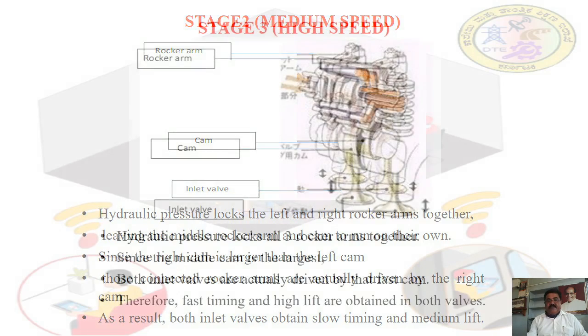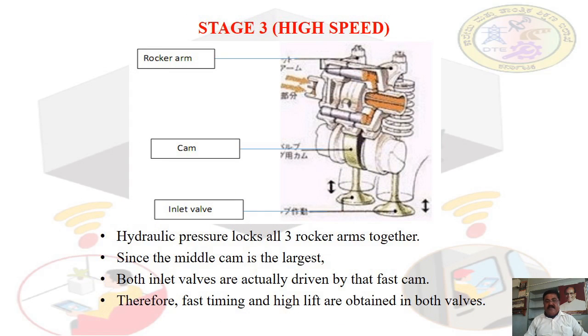We will go to the next slide, stage 3 at higher speed. As shown in the figure, it consists of the rocker arm, cam and the inlet valve, and the directions in which the valves move are shown in the figure. So in the high speed, in stage 3, the hydraulic pressure locks all 3 rocker arms together.